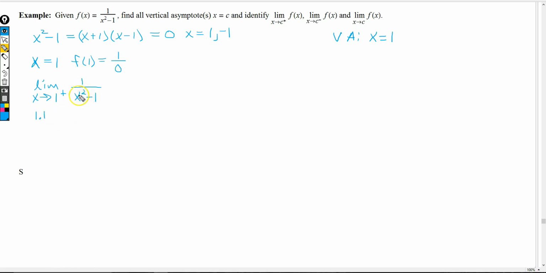If I plug numbers like this into the denominator, I'm going to get back a small positive number, because 1.1 squared is going to be a little bigger than 1. So the denominator is going to be approaching 0 from the right. The numerator is always approaching 1. So this is a positive number over a very small positive number. So my function is behaving like 1 over a very small positive number. That is infinity. Okay, so this limit is positive infinity.